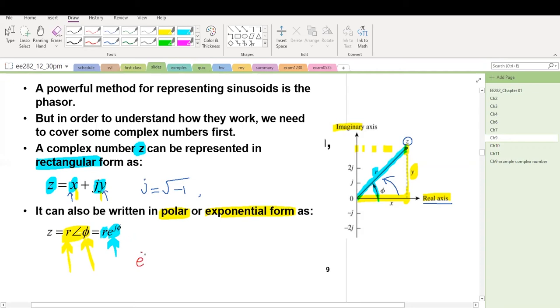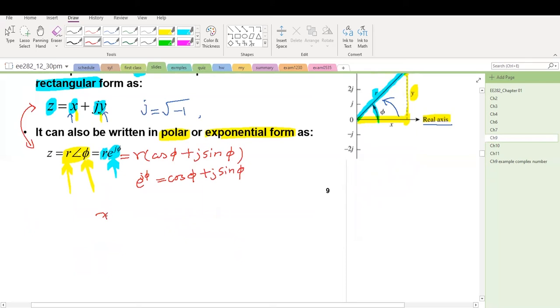We have Euler's formula here. e to the power j phi equals cosine phi plus j sine phi. That equals r cosine phi plus j sine phi. Relating these expressions, they are all equivalent. x equals r cosine phi and y equals r sine phi.